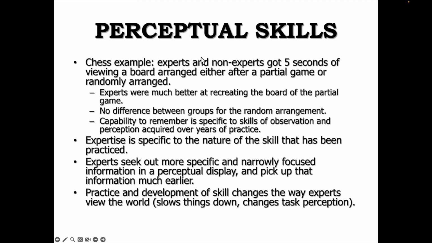So first, looking at perceptual skills. Let's use chess as an example. Experts and non-experts in this particular study looked at a chessboard, and they had 5 seconds to analyze it. In some examples they looked at a partial game, where someone in the past had gone through particular moves.